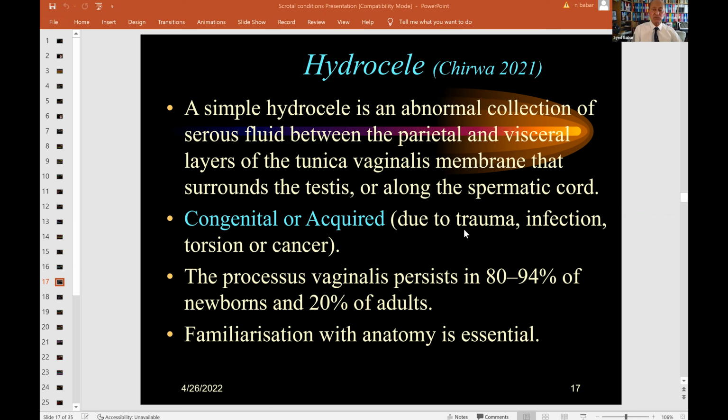And this can happen due to trauma, infection, torsion, or cancer. These are the acquired varieties. Congenital one will be a serous collection of hydrocele in the trapped cavity, because the processus vaginalis would have actually closed down in majority of people. This processus vaginalis persists in 80 to 94% of the newborns, but subsequently closes, but may be present or found in 20% of adults.